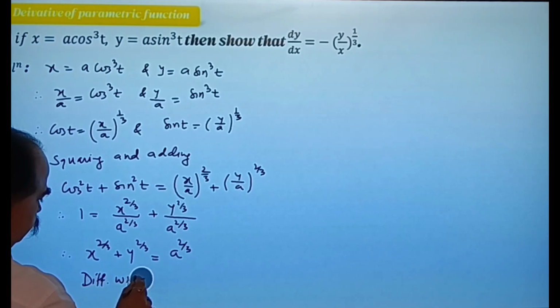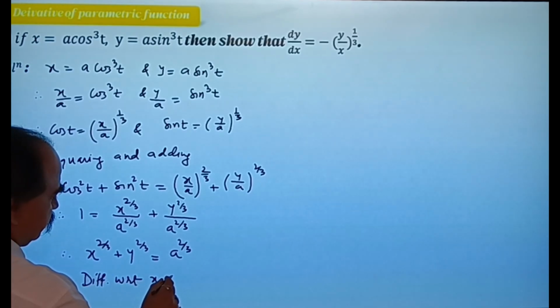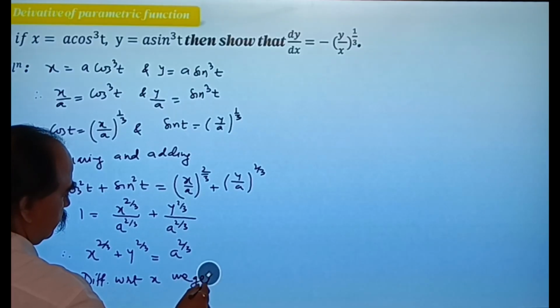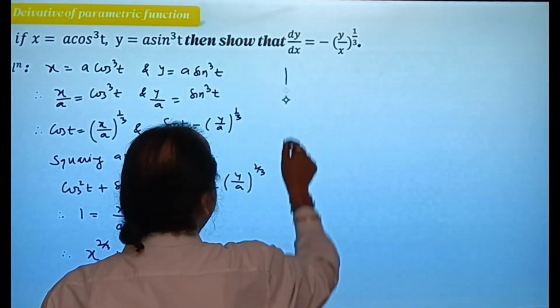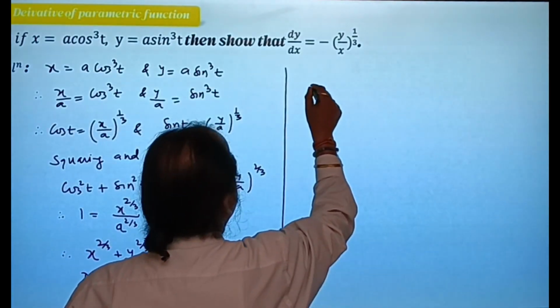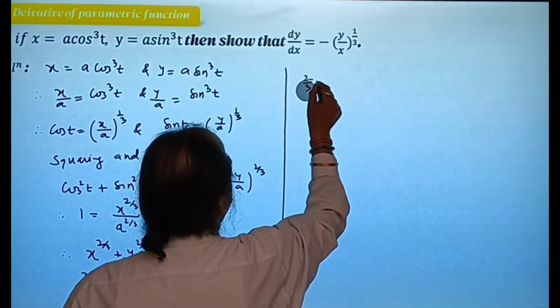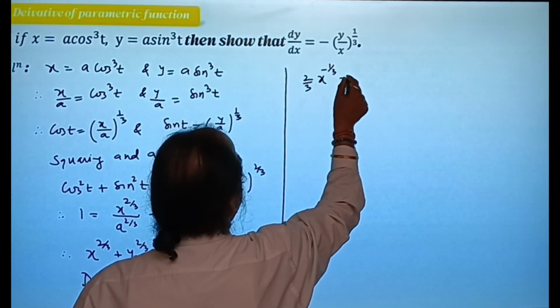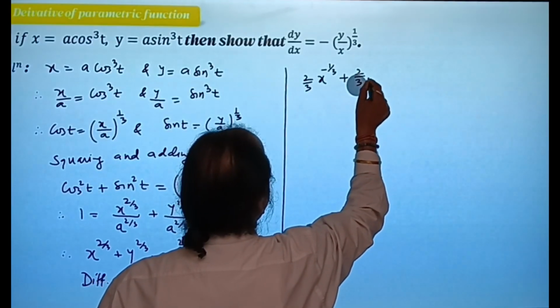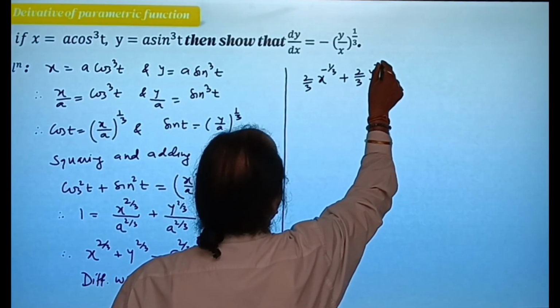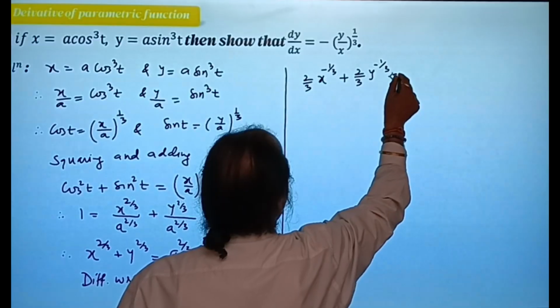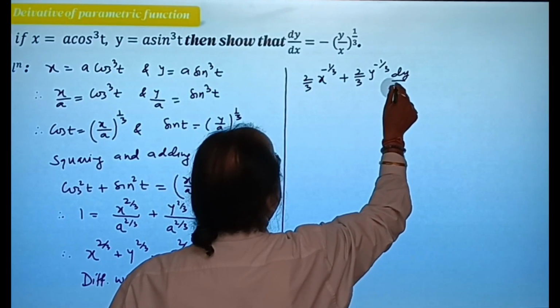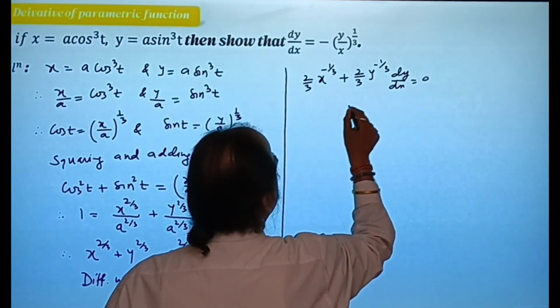Differentiating with respect to x we get 2 by 3 x raised to minus 1 by 3 plus 2 by 3 y raised to minus 1 by 3 into dy by dx is equal to 0.